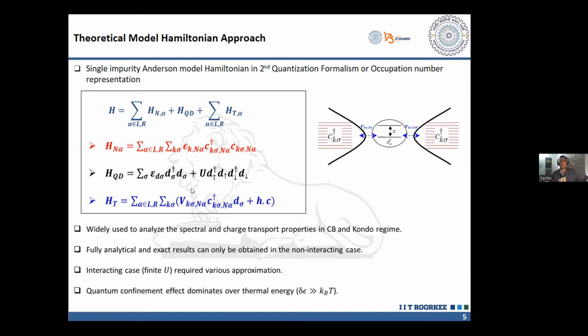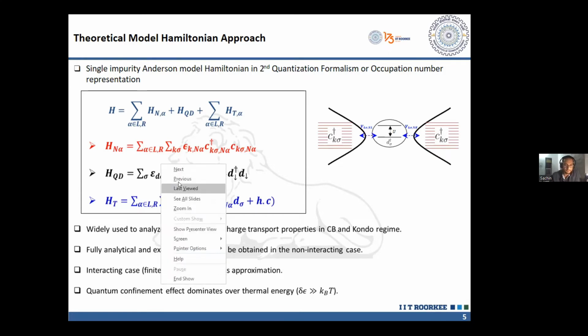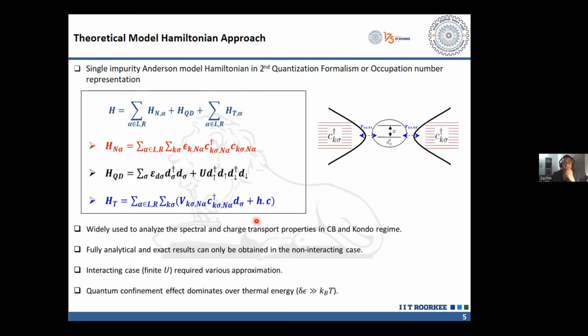This Hamiltonian has been widely used to study charge transport properties in the Coulomb blockade and Kondo regime. A fully analytical solution is only possible when U is zero. When U is zero, the problem is exactly solvable. However, in real systems, U is an important parameter.